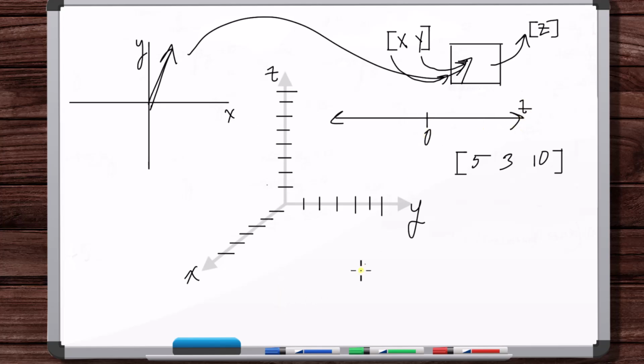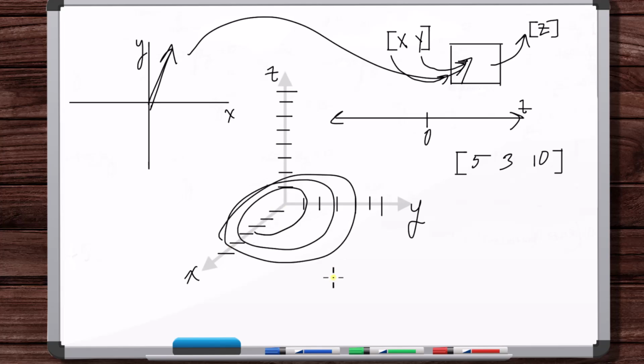Or maybe you could look at it in 3D space like this. The input is any vector in the XY plane here, and the output is on the Z-axis. But the idea is, even though you have these independent parameters, they can still go together in a group, which we call a vector.